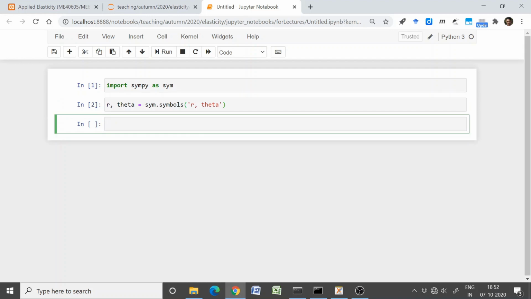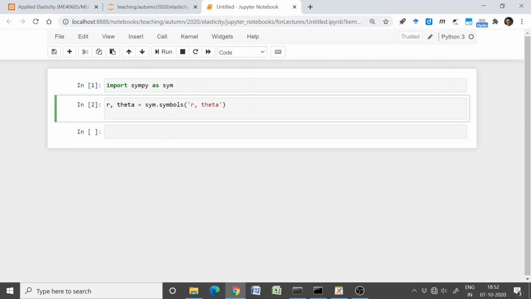All right. Now please note that some of the things are very conveniently designed in symbolic Python. So suppose you want to display the theta variable, which is written in terms of this name. That's the name of the theta variable.